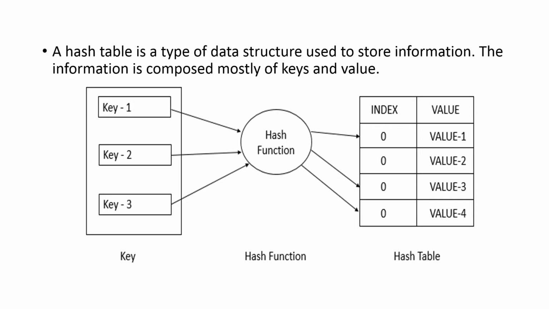See, this is an example. Search key is there, hash function is there, and hash table is there. As I have already told, a hash table is similar to an array, and like an array, this also has an index.